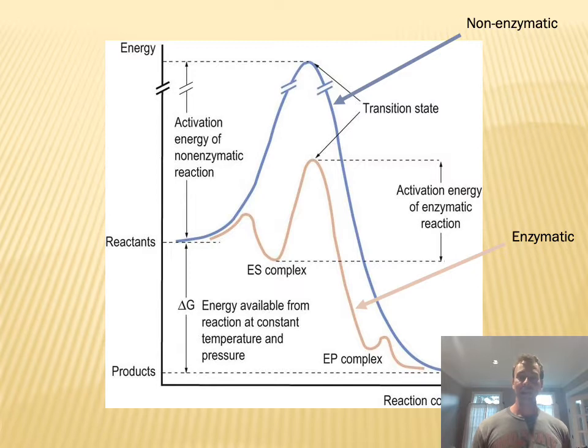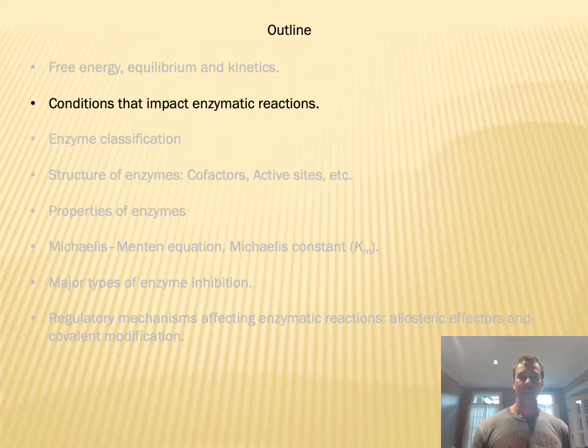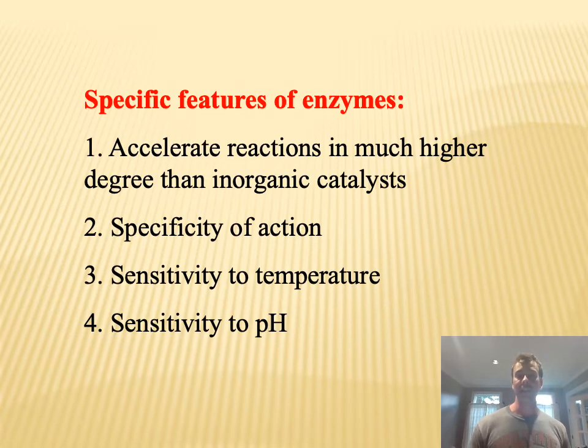When an enzyme is present, that activation energy barrier is lowered, so that reaction can occur much faster. So that's a very brief introduction to free energy, equilibrium, and kinetics. The conditions that impact enzymatic reactions, the information follows.